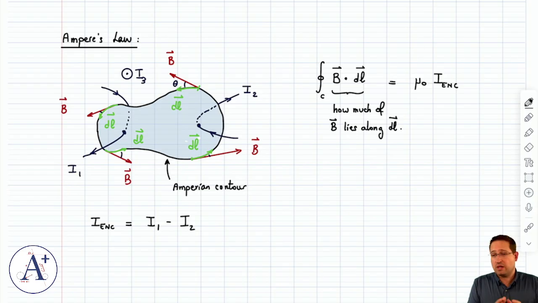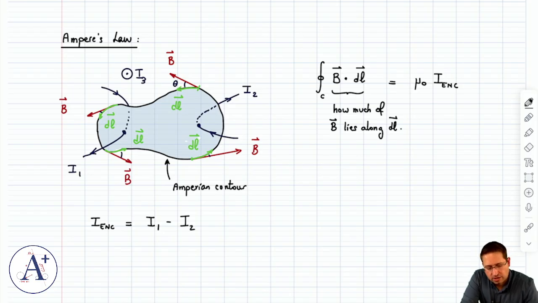Okay. Now, a lot of the time there's only one current, so I have to worry about plus or minus, but this is how I would decide which one is plus and which one is minus. Okay. And so this is what Ampere's law says. Now, all the same that Gauss's law didn't tell you anything if you couldn't simplify it, well, Ampere's law doesn't tell you anything if you can't simplify it.